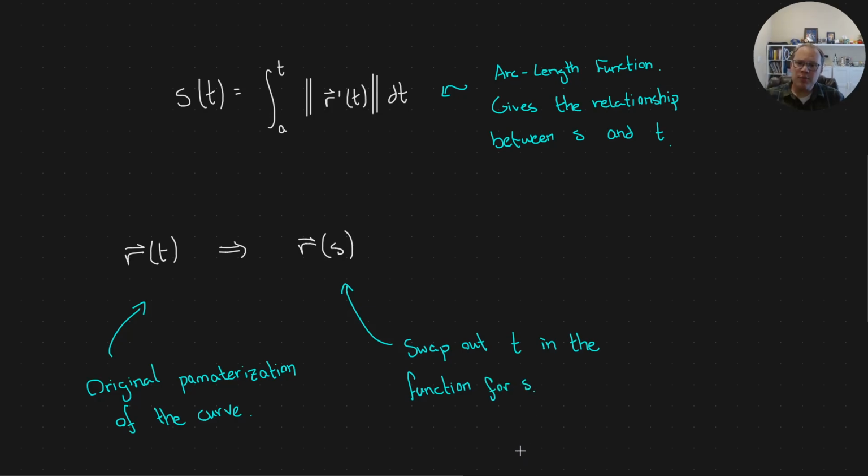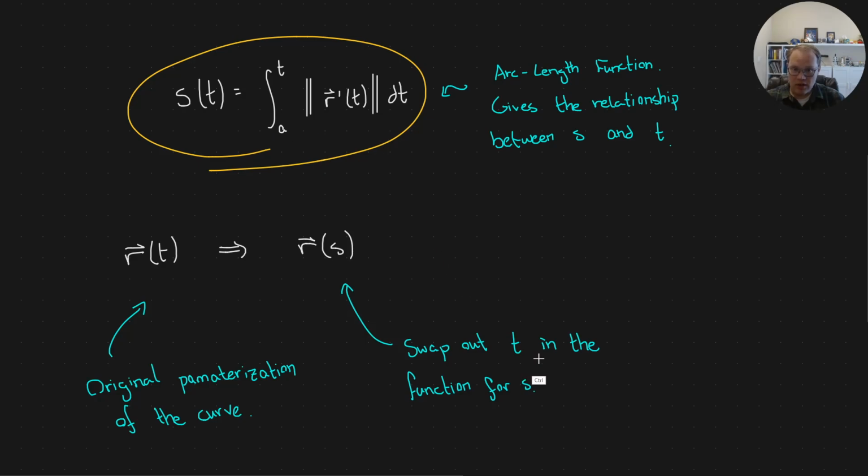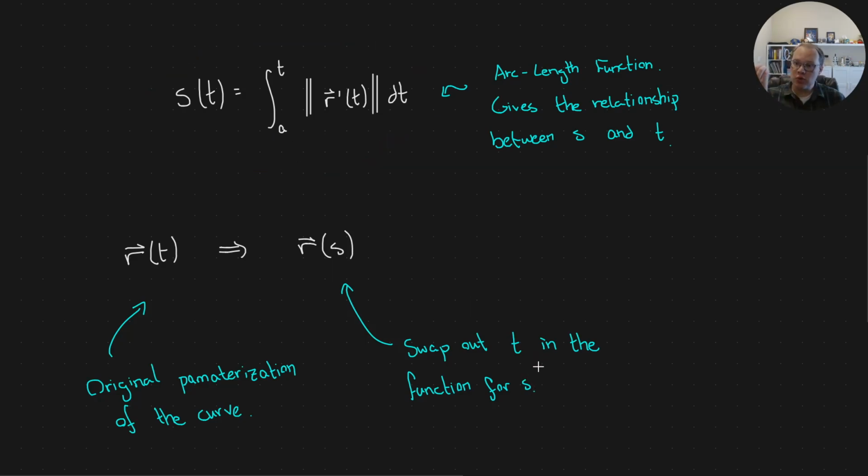Now for each problem, it's going to be a little different because your norm of the derivative will be different, so your integral will be different, so the exact relationship between s and t will vary. But this is always the procedure we use. We evaluate the arc length function by taking the integral. That gives us a relationship between our arc length parameter s and our original parameter t.